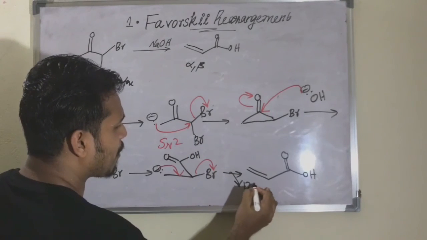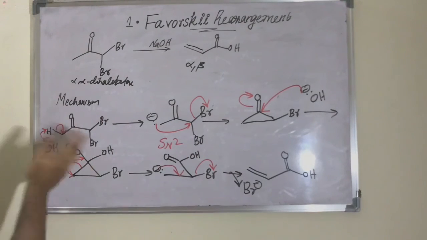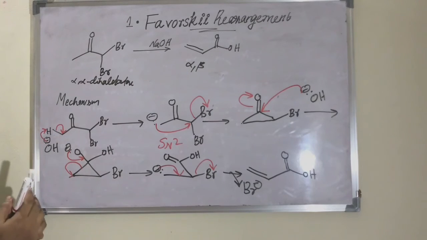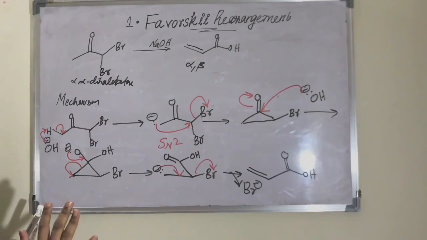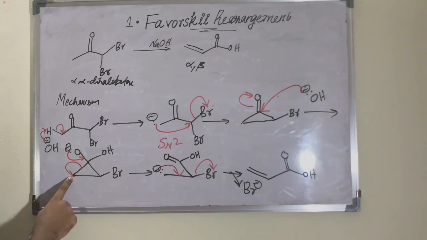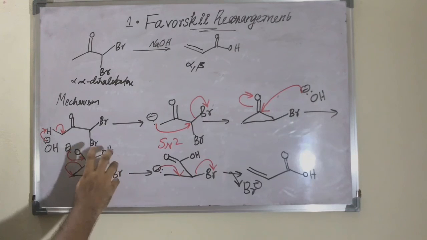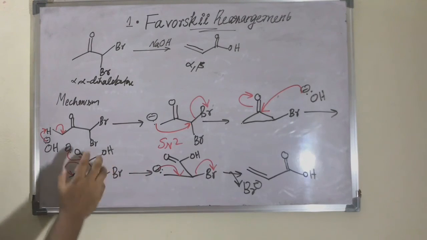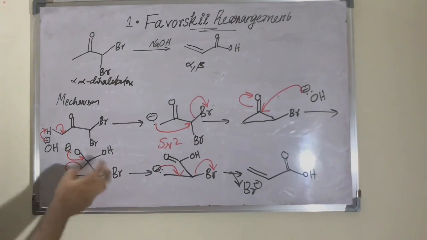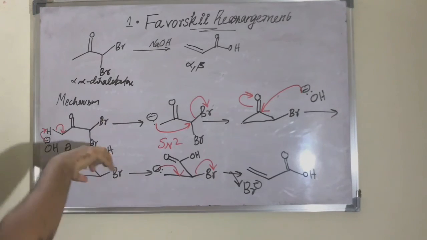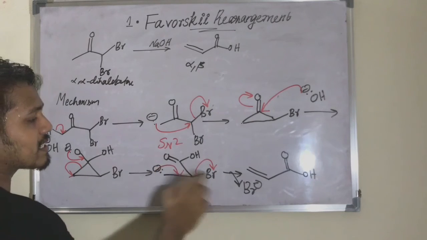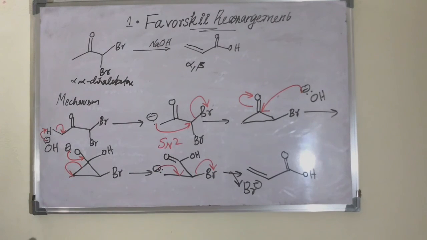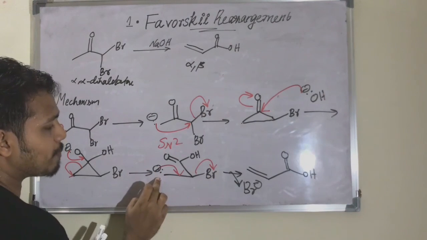The same thing happens in the case of alpha dash dihaloketone. You will end up with the alpha beta unsaturated carboxylic acid. The carbanion formation mainly depends upon the position of the halogen. The carbanion is formed opposite to the halogen remaining in the system, so that you can have an alkene by this kind of E1cB elimination. This is the conjugate base of its acid, and this moves and this gets eliminated.